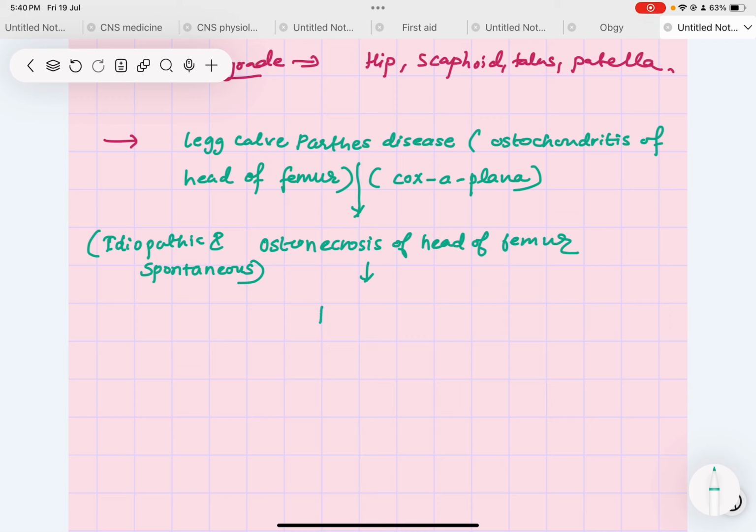And the reason being blockage of venous outflow.